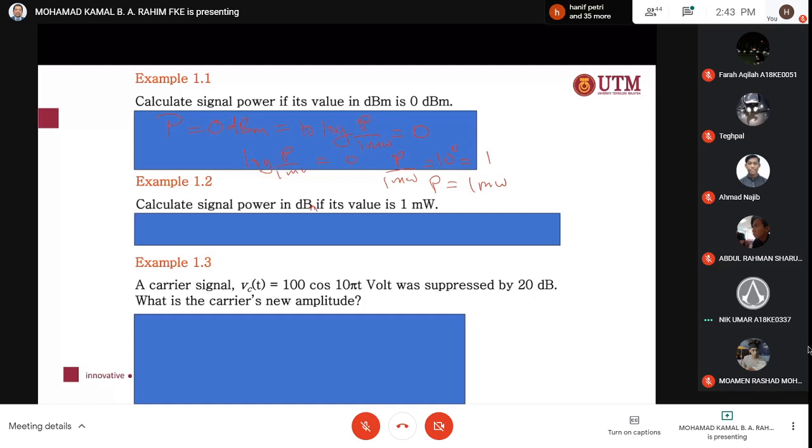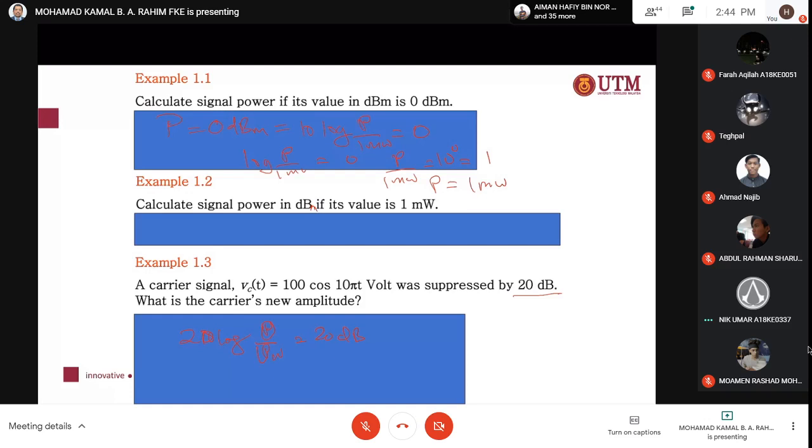And then the carrier was suppressed by 20 dB. What is the carrier's new amplitude? What does it mean here? So you need to start with 20 log something. You have a suppression of, for example, 20 dB, and then you do that for voltage, and then you just multiply with the new one.